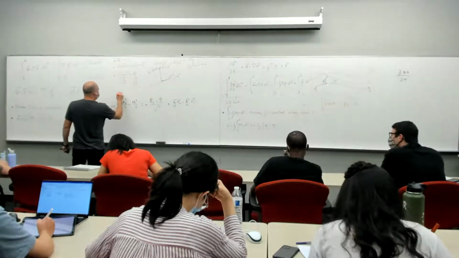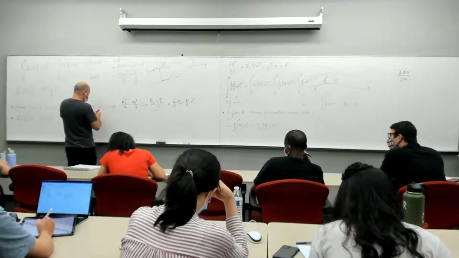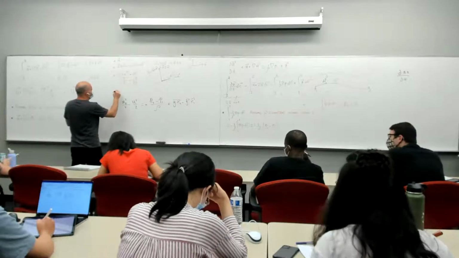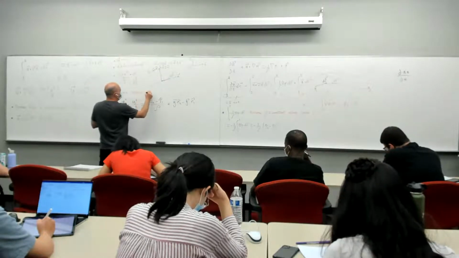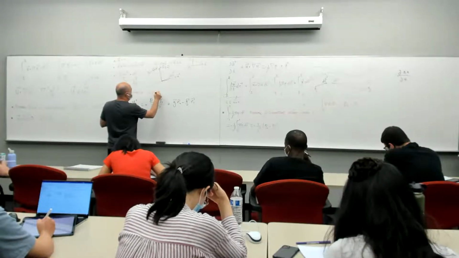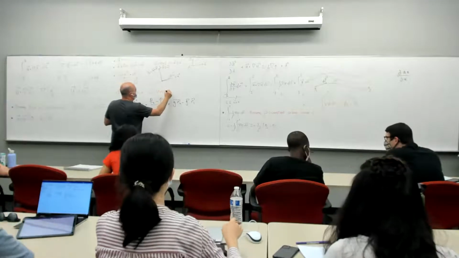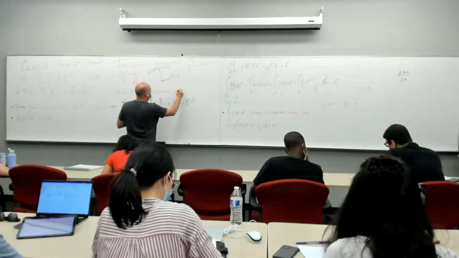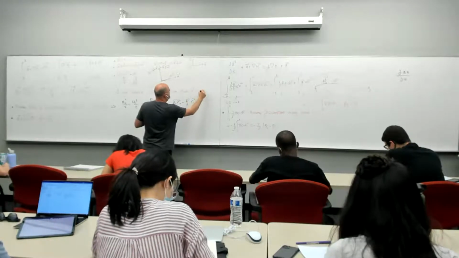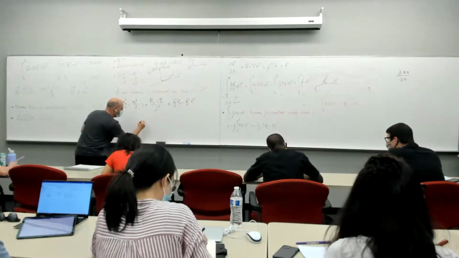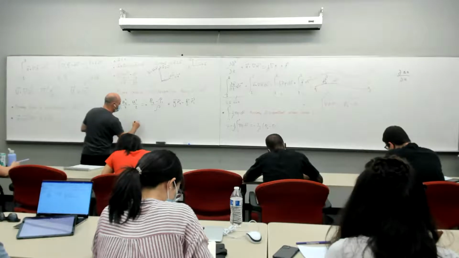So if we choose C to be identical to a streamline, then U is parallel to dC. And the streamline is the intuitive thing, this is what you draw.